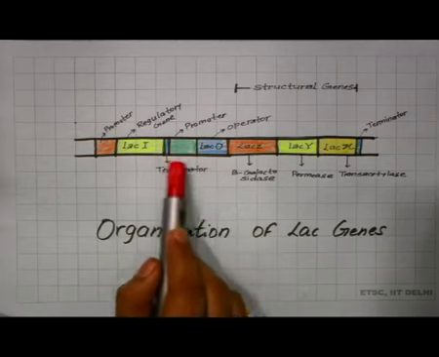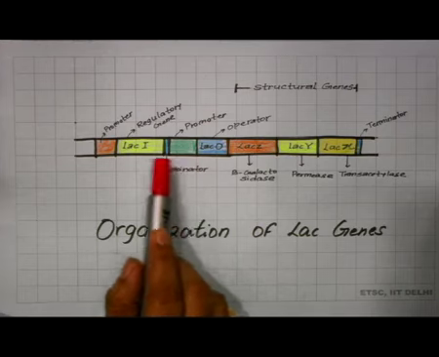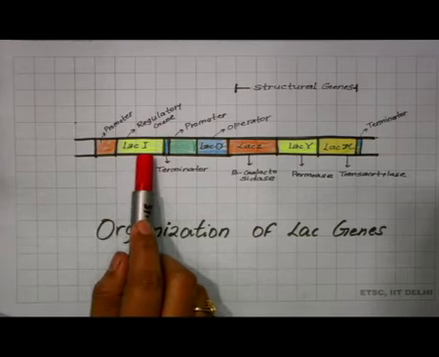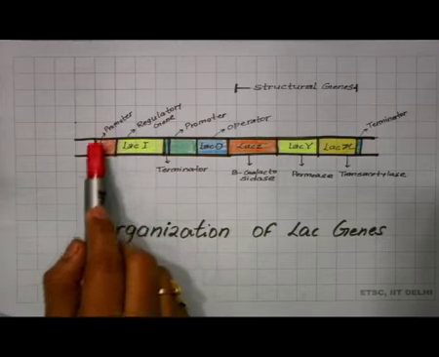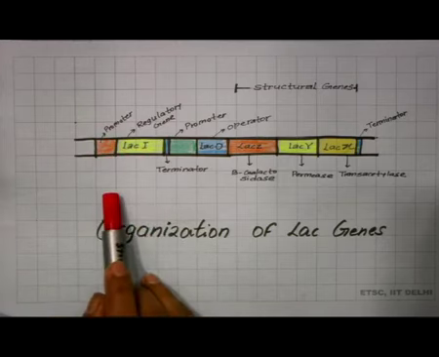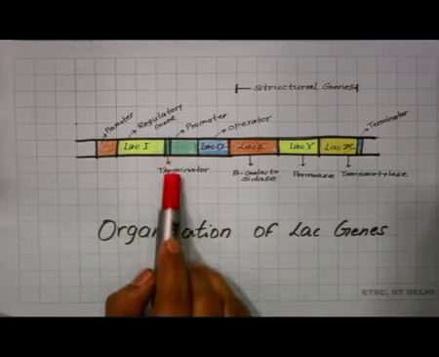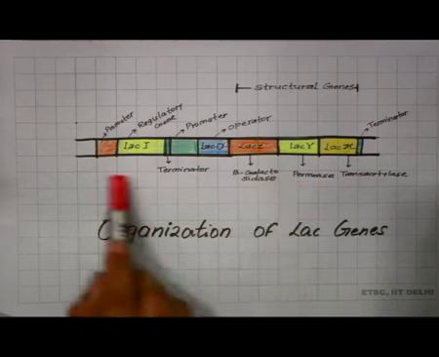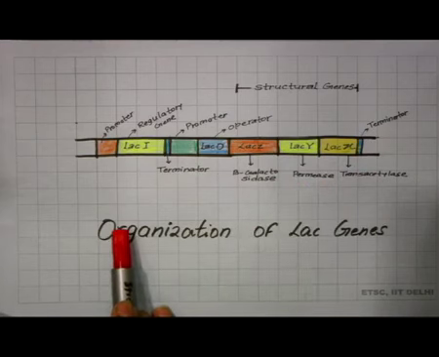Upstream of this promoter there is a regulatory gene, lac I, with its own promoter and terminator sequence. This is how the genes involved in lactose metabolism are arranged inside the bacterial DNA.